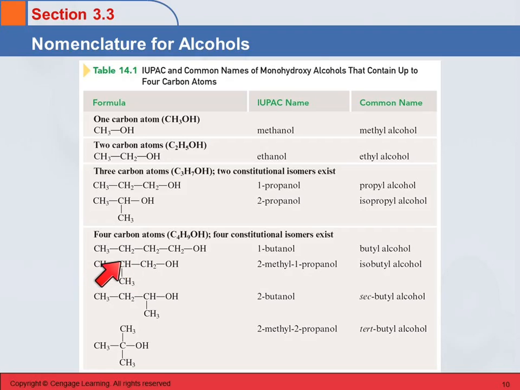So we're going to count these 3 carbons here as the longest chain. So that's propanol. The hydroxyl group is on the first carbon, so it's 1-propanol, and then on that second carbon we've got a methyl group. So 2-methyl-1-propanol. And these guys also have common names. That would be isobutyl alcohol.